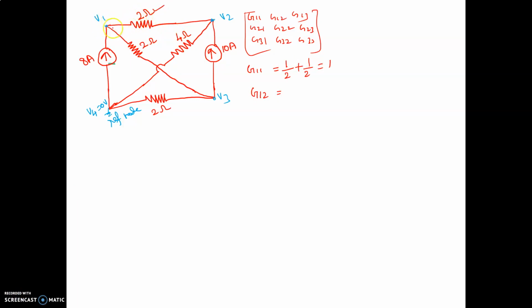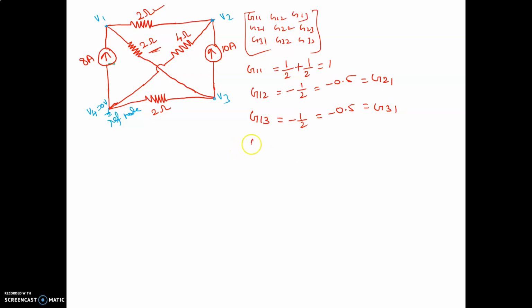This is the 2 ohm resistance common between 1 and 2, reciprocal of that with a minus sign, minus 1 by 2, which is equal to minus 0.5, that is equal to G21. Next G13, the reciprocal of resistance common between the first and third node, that is this 2 ohm resistance, which will be minus 1 by 2, minus 0.5, which is equal to G31.